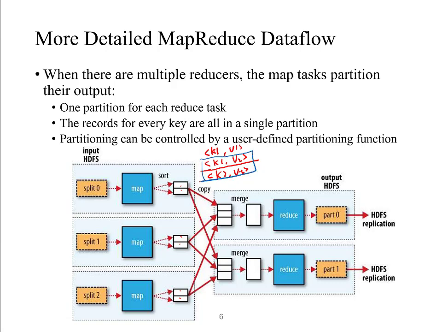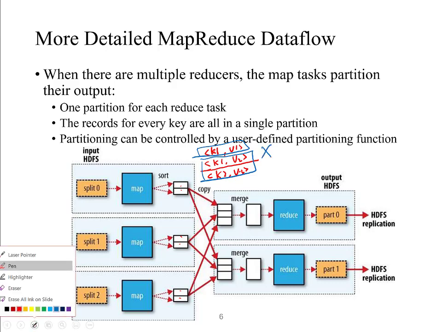If we partition them like this, then it is incorrect, because they will go to different reducers. So for the same key, key 1, they will go to different reducers, but there will be no data exchange between reducers.